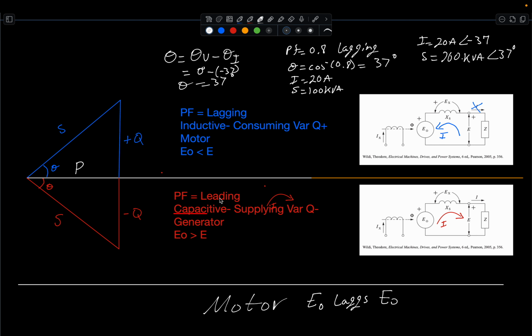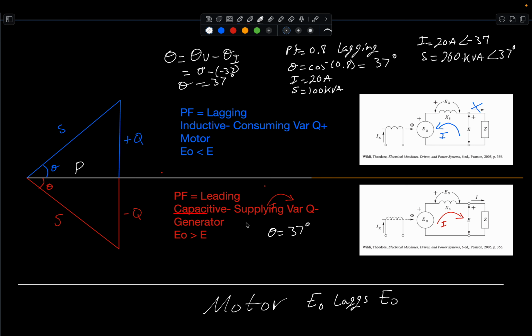So for a leading power factor, you can see for some reason the kVAR is negative, which is correct because our S will become negative. But let's take a look at it once again. So going back into here, we assume that we have a power factor that is leading, and we said that the degree is 37 degrees.